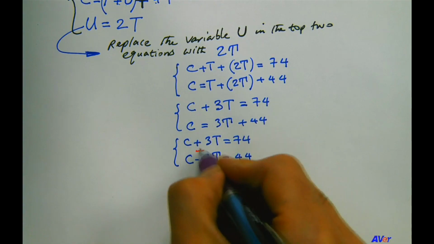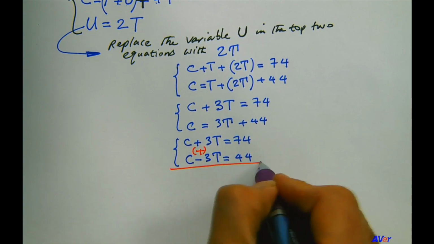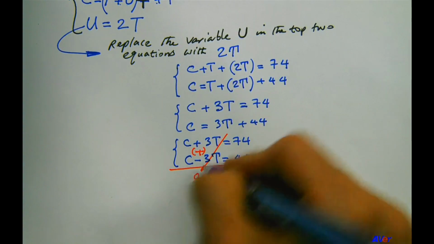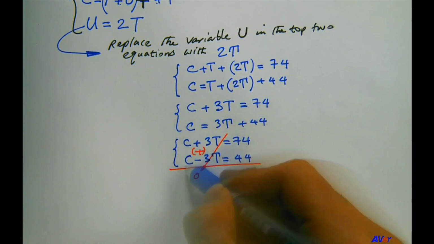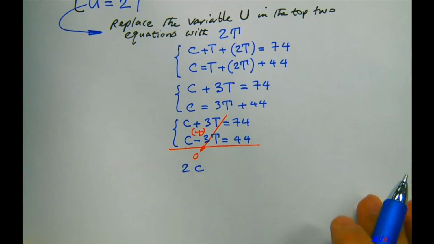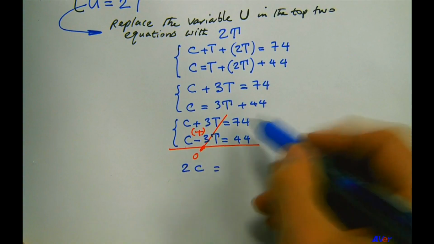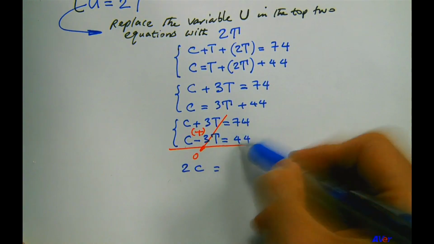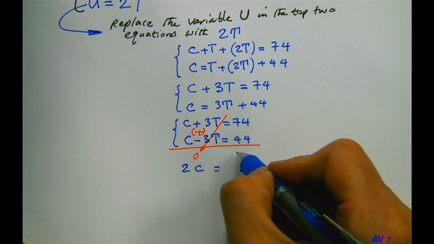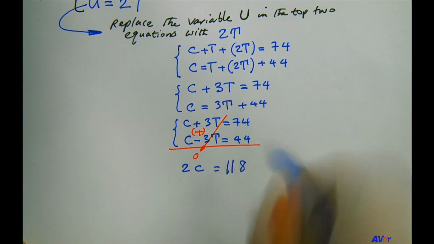So you can easily add these two equations right away. So the t terms drop out. We end up with c plus c, it's 2c, right? Equals 74 plus 44. We end up with 7 plus 4, 11, 118.